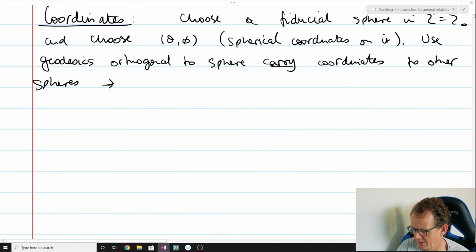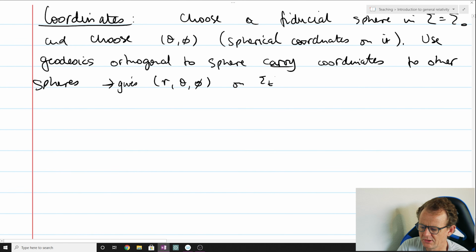And so the geodesic parameter that carries these coordinates outwards, we could call it r, the radius. And so we've coordinatized Sigma_t.